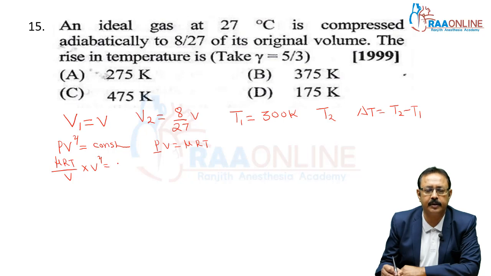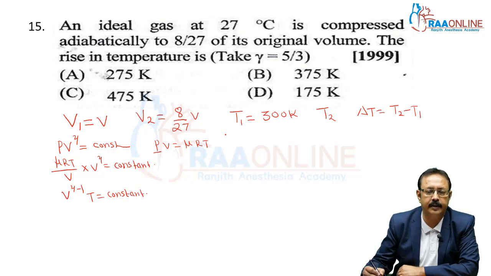It is constant. It means now gas will follow V raised to the power gamma minus 1 into T is equal to constant, because mu and R are again constant.